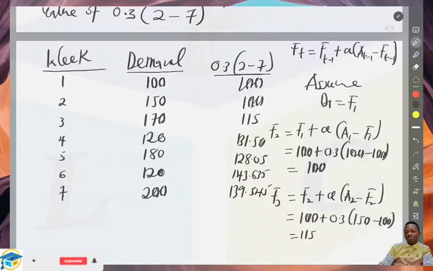So we make use of the immediate, most recent data to forecast. If you want to forecast for, let's say, week 5, that's going to be week 4 plus the exponential smoothing constant times the bracket of the actual value for week 4 minus the forecast value for week 4, and you forecast week 5. So let's take note of that.